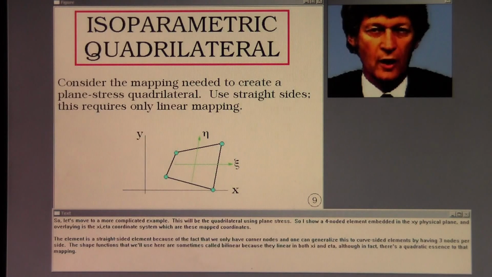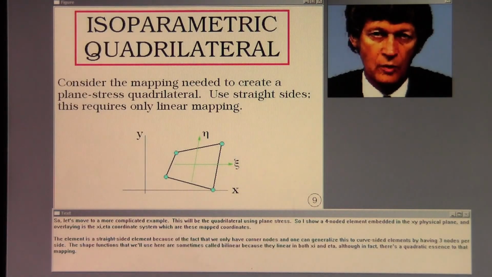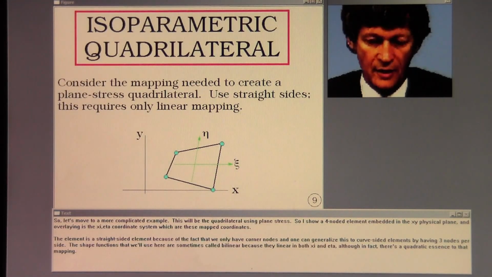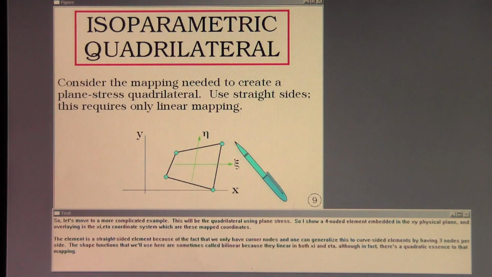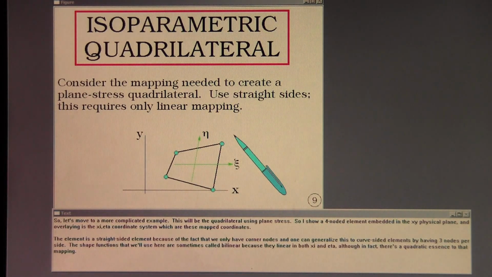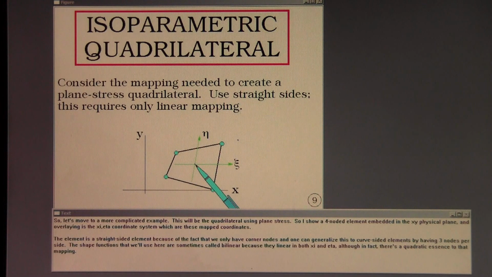So let's move to a more complicated example. This will be the quadrilateral using plane stress. So I show a four-noded element embedded in the XY physical plane, and overlaying is the ξ η coordinate system, which are these mapped coordinates.